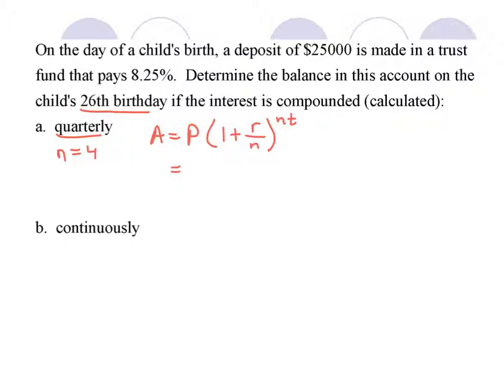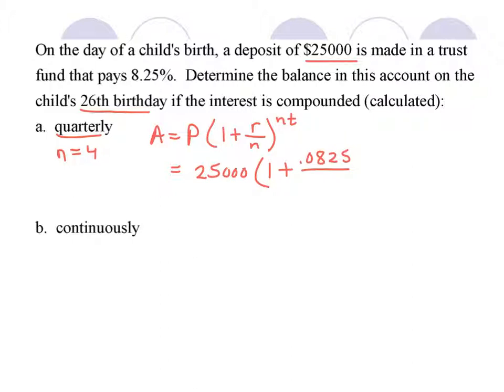And if we actually substitute, P represents our principal or the amount invested. So that would be 25,000. Our 1 represents 100%. The r is the interest rate as a decimal, so 0.0825.